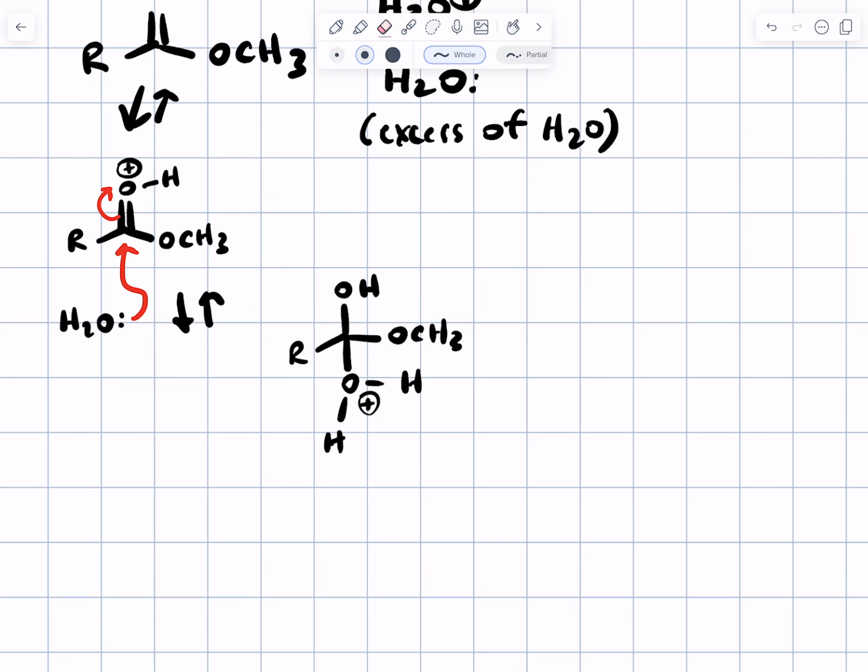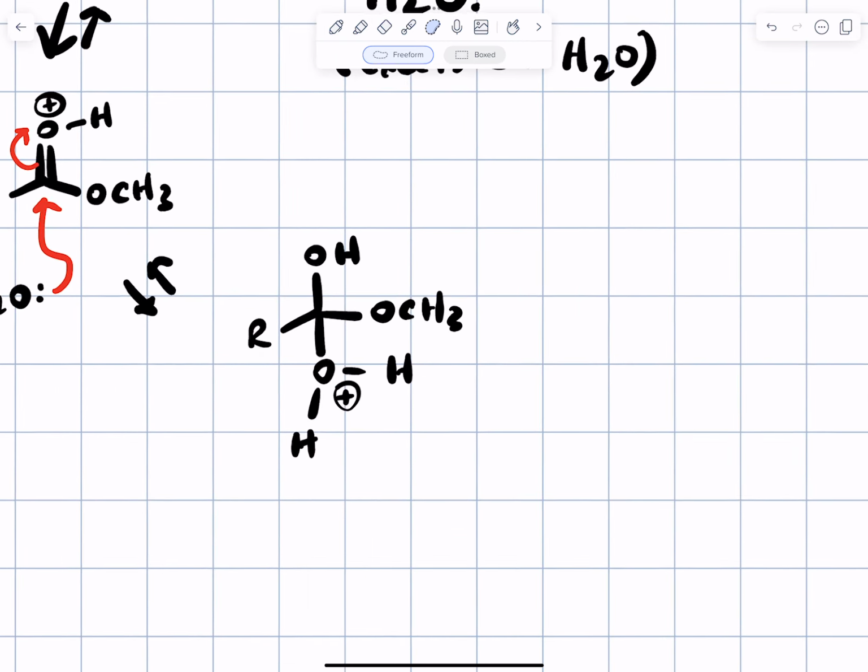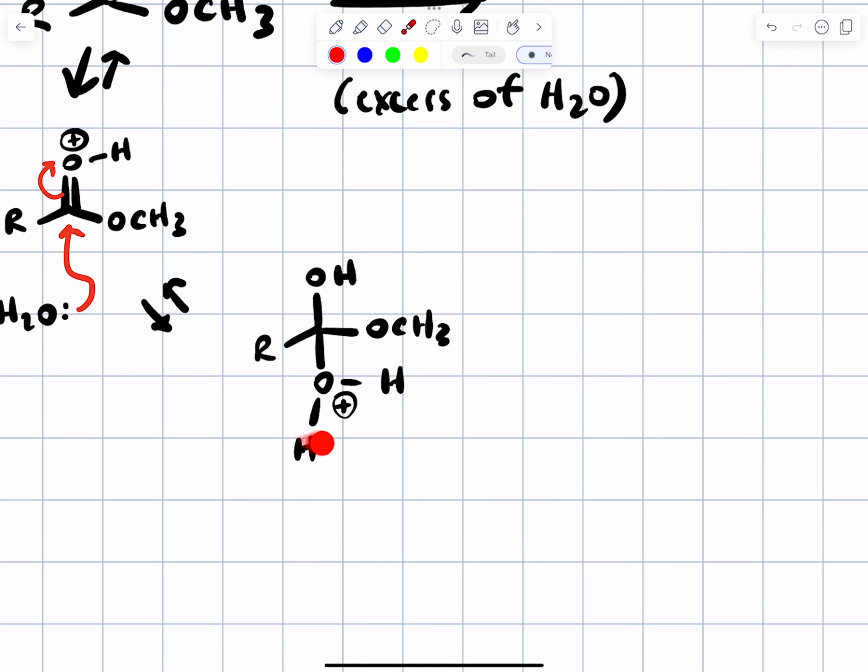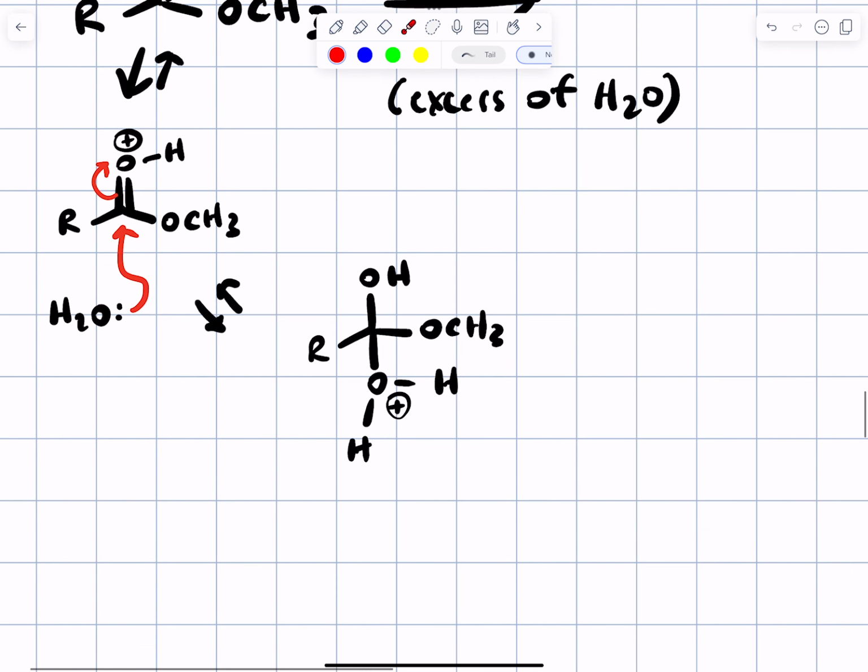I use the reversible arrows because at this stage you have a good leaving group in the form of water here, and you have neutral oxygens. A neutral oxygen is a good enough kicker offer.